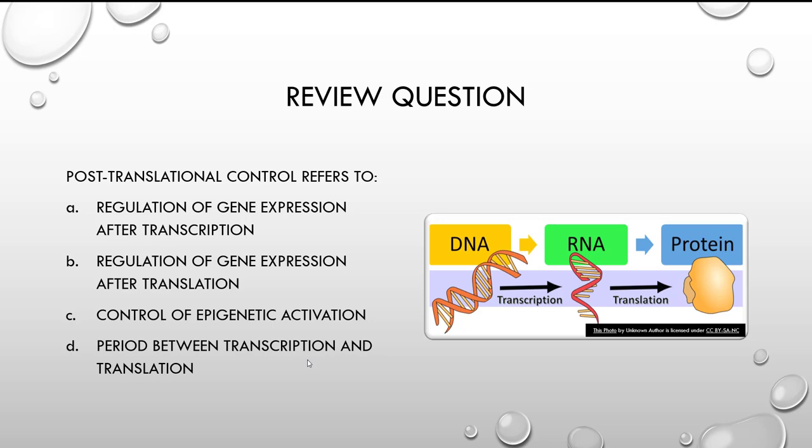If you said B, regulation of gene expression after translation, I would agree with you. Remember, it's after the protein has actually been made. It's when the protein could potentially get marked or tagged for degradation.